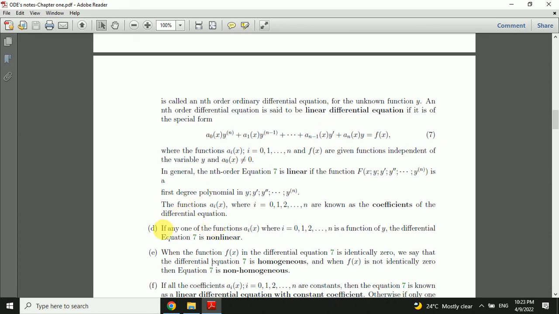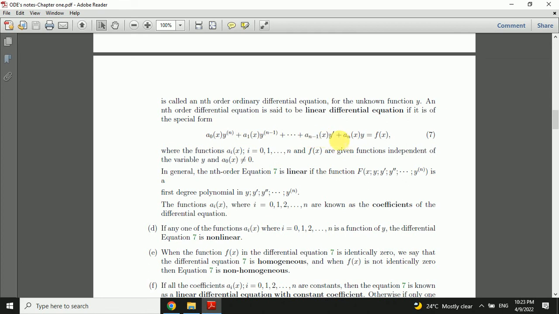Then part D says that if any of the functions ai of x, where i runs from 0 up to n, is a function of y, the differential equation in 7 is no longer linear. When you look at equation 7, we say this is a0 of x, to mean that this is a function of x, a1 of x, to mean that this is a function of x, an minus 1 of x.